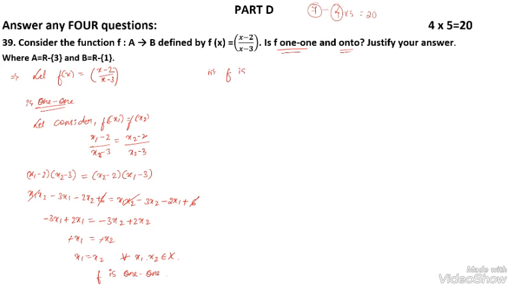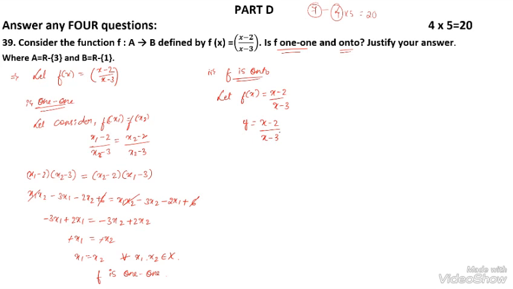F is onto. That is, let f(x) = (x - 2)/(x - 3). Here taking f(x) equal to y. That is, y = (x - 2)/(x - 3).